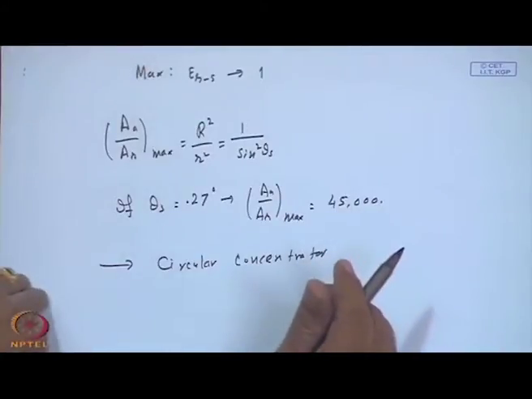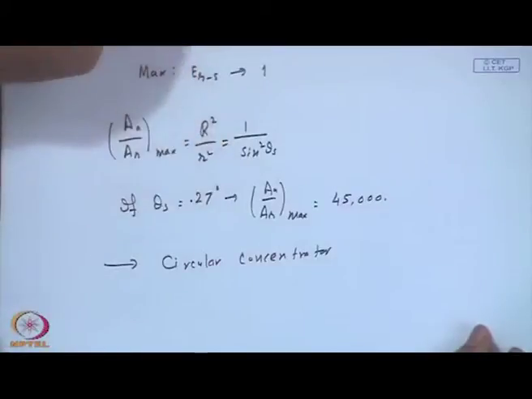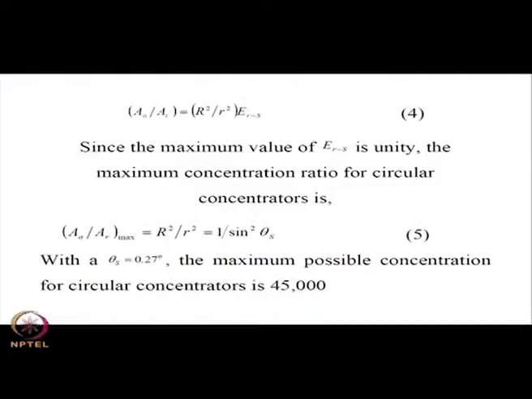We had a confusion last time whether it is for linear or circular concentrator, which I was responsible for, because in writing down we started with the derivation for the circular, but somewhere it was mentioned as linear. Since it is sin squared theta s, 45,000 will be the maximum concentration ratio possible if you have a circular concentrator.